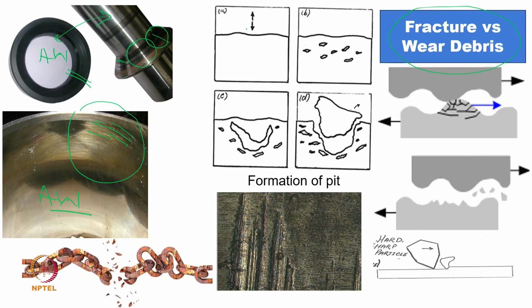Now, coming to the fatigue wear, in the case of fatigue wear, what we realize most of the time, as I mentioned, 70 to 80% of failures happen on the surface, it is the surface fatigue which plays more role compared to the subsurface fatigue.